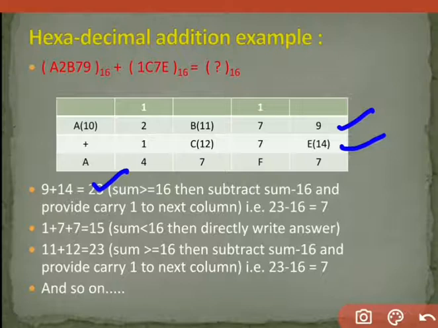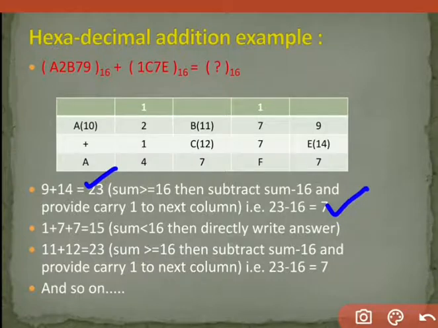That's why we have to subtract 16 from 23. And now what we are getting is 7 as answer. That's why I am writing 7 here and carry forward 1. After subtracting 16, we have to forward it to our next left column.